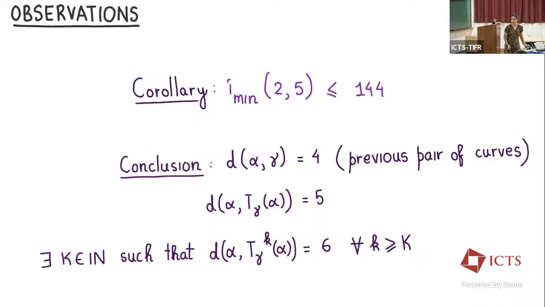Yeah, I can do that for n actually. It's the same trick that I did. So if alpha and gamma are at distance n, then alpha and T gamma of alpha, or you can take any power, comes out to be less than 2n minus 2.